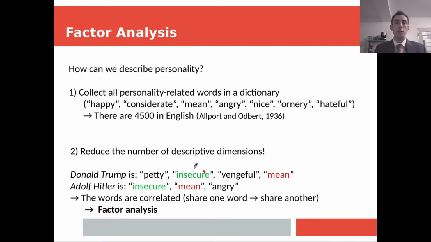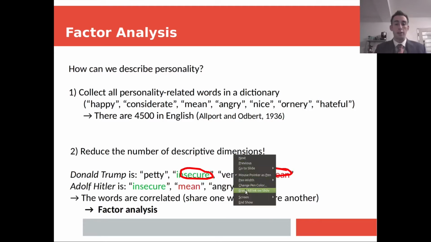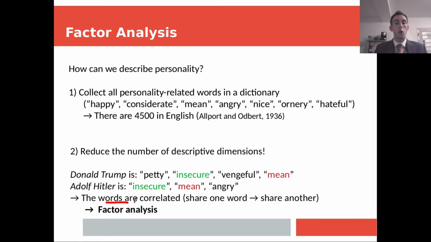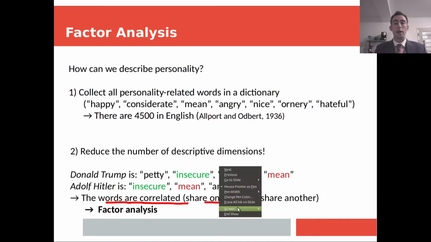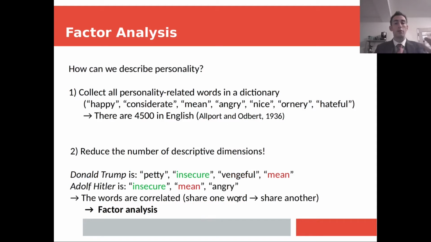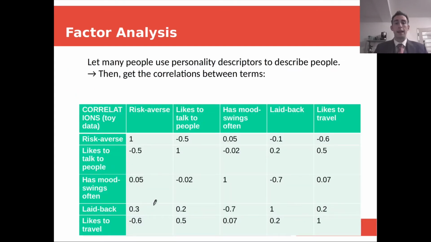So usually when you say someone's insecure, you're also going to say that they're mean. It's just the way that personality seems to work. So the words are correlated with each other. If you share one word, you're also more than likely than not to share some other words. Those words are called correlated, right? And by doing this, we can extract those categories of words that are correlated, and they're called factors, kind of like factoring out a number in a multiplication, right? It's called factor analysis. And I'll give you an example here.